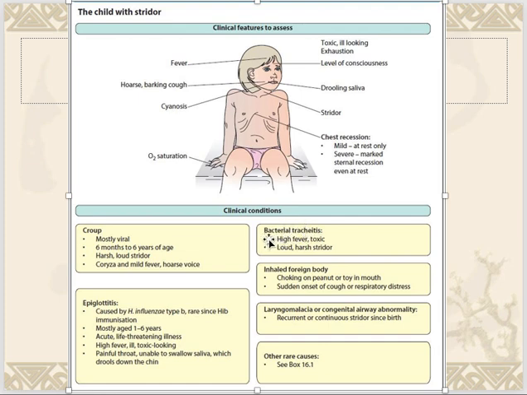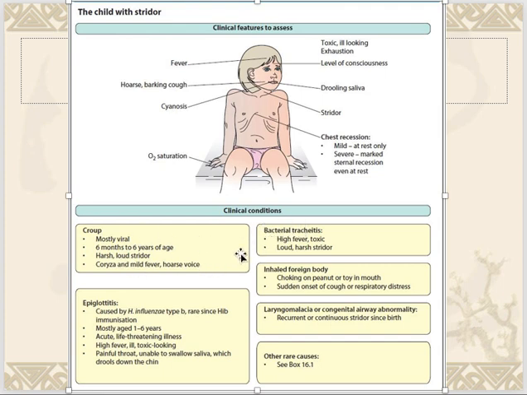As you can see, it is bacterial, so it is caused by H influenza, hemolytic streptococci, pneumococcus, and things like this. And it presents the same as croup. There is no difference. The difference is just that this is viral, this is bacterial.